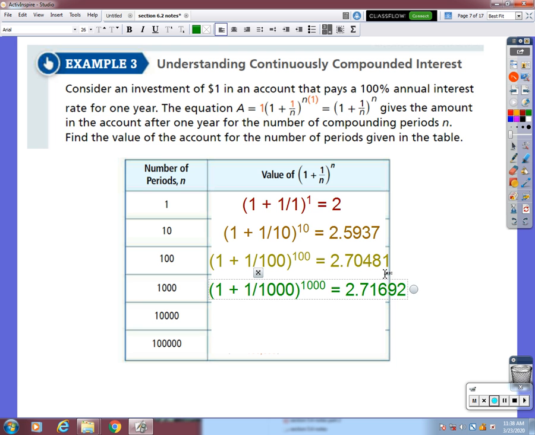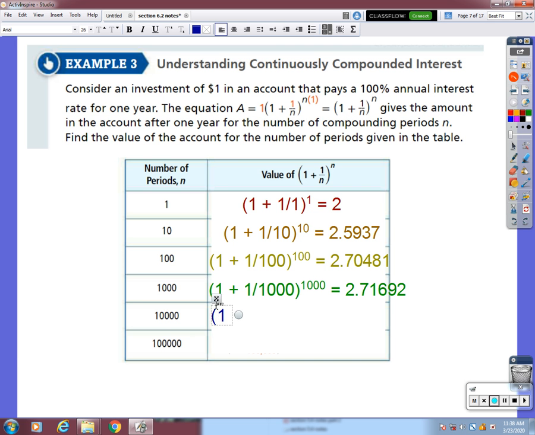So in the very beginning we went up from 2 to 2.59, then we went up from 2.59 to 2.70, now we're only at 2.71. So things are still going up, but they're not going up by nearly as much.